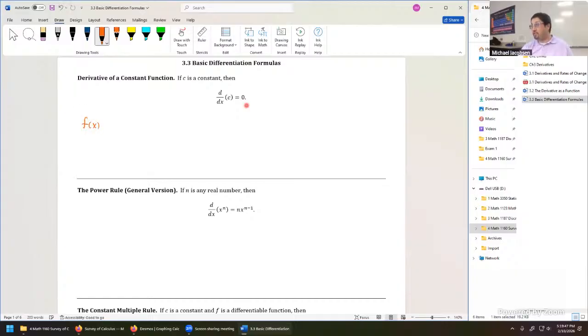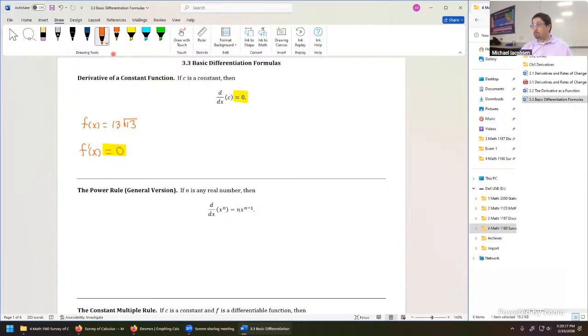If you have a function f of x equals, let's say, 13 square root 13, it's now a constant function because x is nowhere whatsoever on the right-hand side. And this formula, again, is stated in Leibniz notation, but you could simply say f prime of x is 0, and that's the whole essence of this rule. The derivative of a constant is always 0.